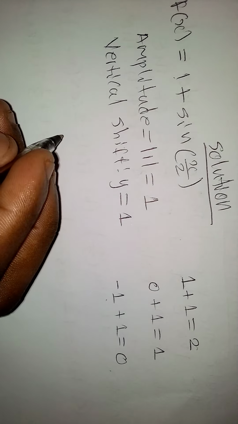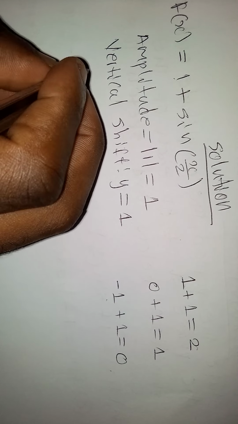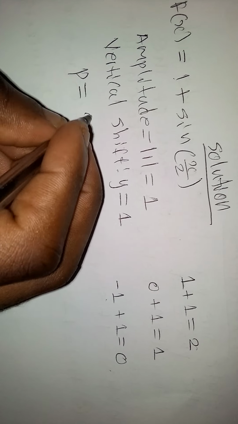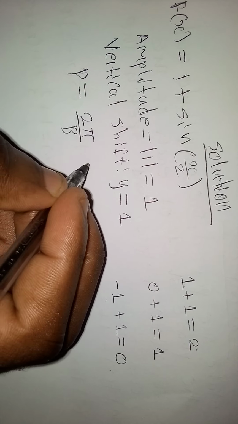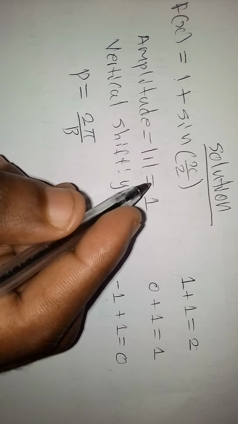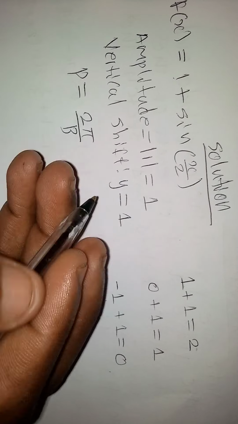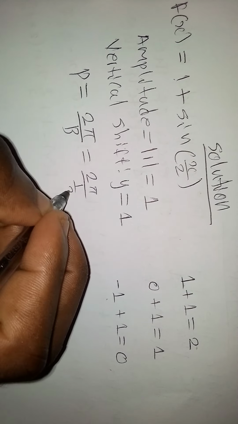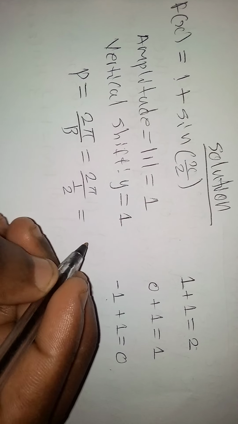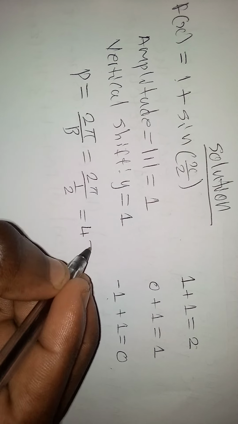Then we can get the period. The period is given by 2 pi over b, where b is the coefficient of x. The coefficient of x here is half, so this becomes 2 pi divided by 1 over 2, which is simply equal to 4 pi.